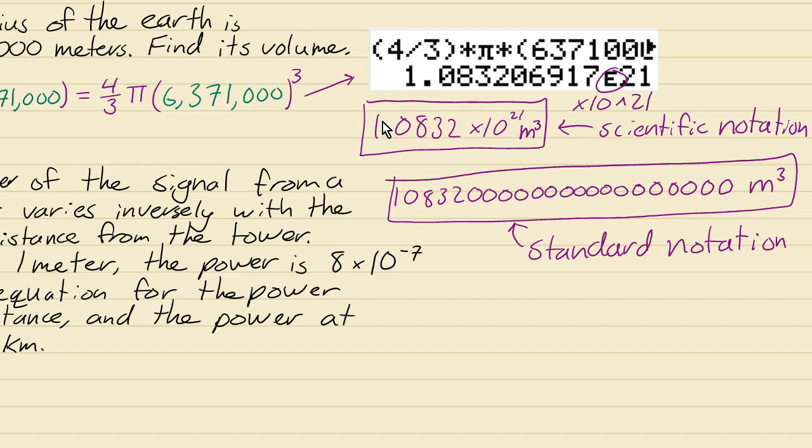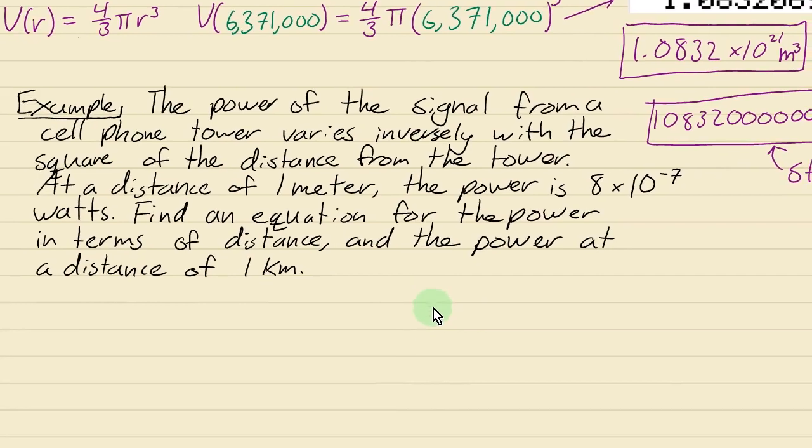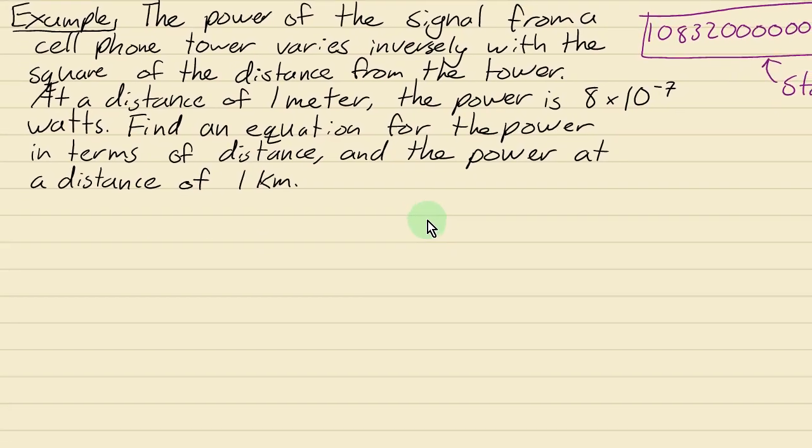Okay, now let's look at another example here. The power from the signal from a cell phone tower varies inversely with the square of the distance from the tower. So let's say that P is the power and D is the distance.